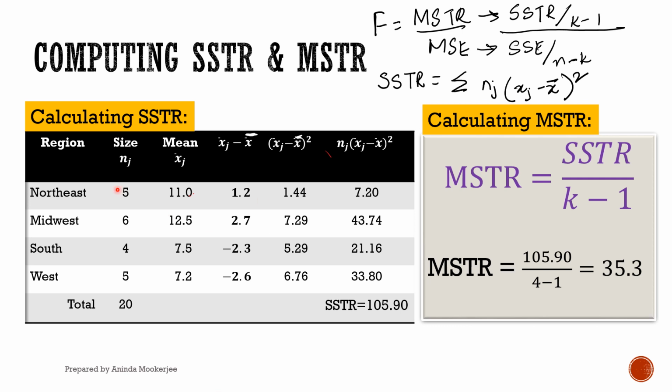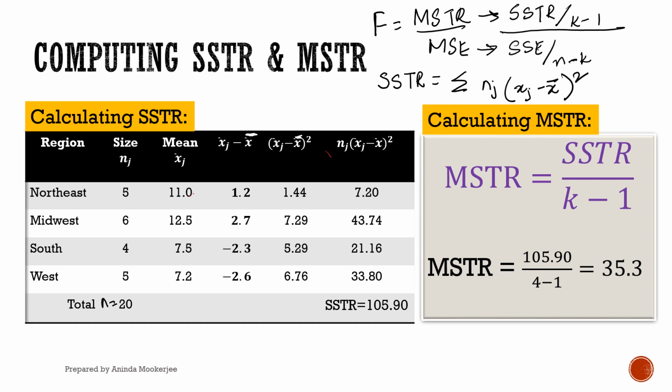Now if you are given the individual data points for Northeast, Midwest, South, and West, all the individual data, then you can just add them up and divide them by the total sample size. Right over here, the total sample size, as you see, is 20. If you sum up all the n sub j values, the total is what n equals.